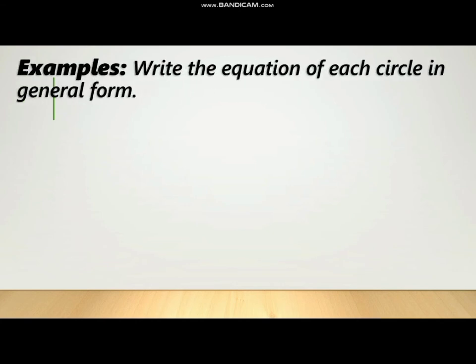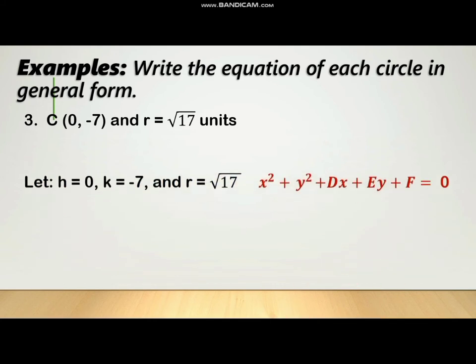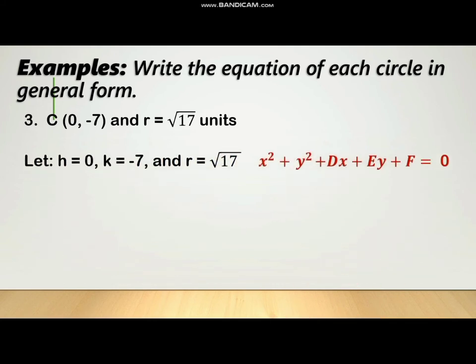Example number 3. Center at point (0, negative 7), and r is equal to square root of 17 units. So let h equals 0, k equals negative 7, and r equals square root of 17. So pattern is x squared plus y squared plus dx plus ey plus f equals 0.